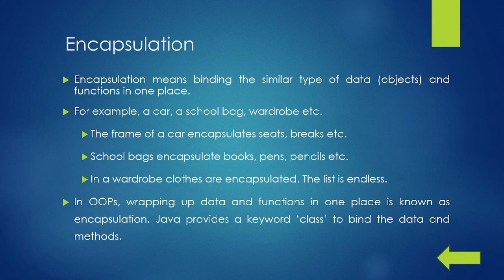The list is endless. In object-oriented programming, wrapping or binding data and methods or functions in one place is known as encapsulation. Java provides a keyword called class to bind the data and the methods.